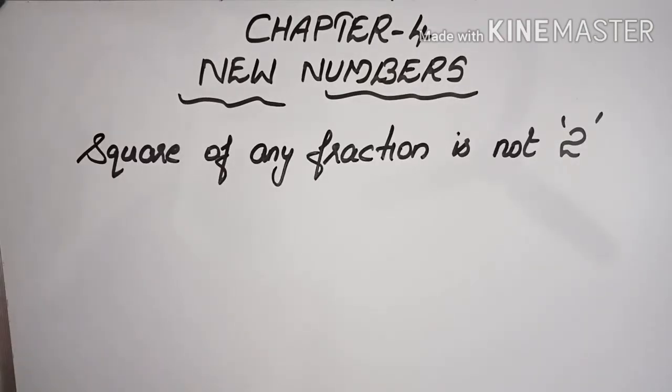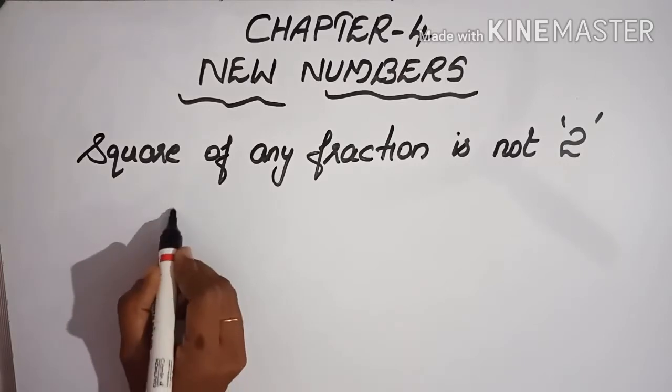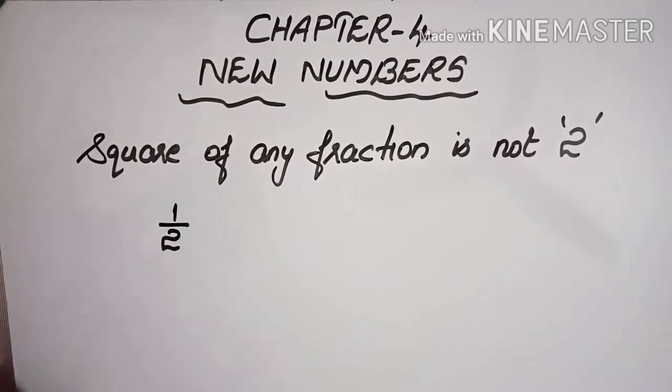First one: the square of any fraction is not 2. For example, 1 by 2. This is a fraction.